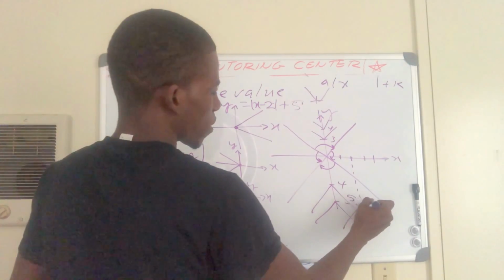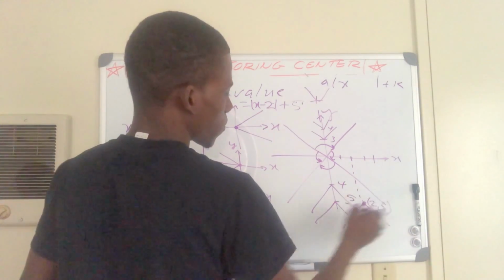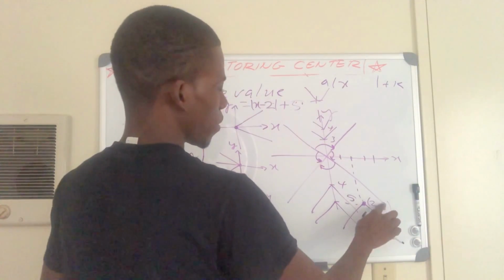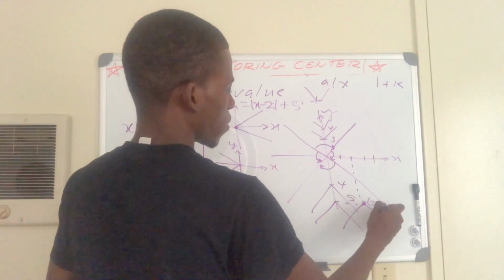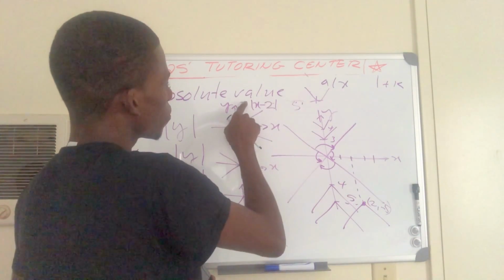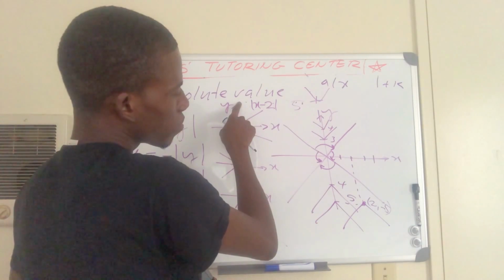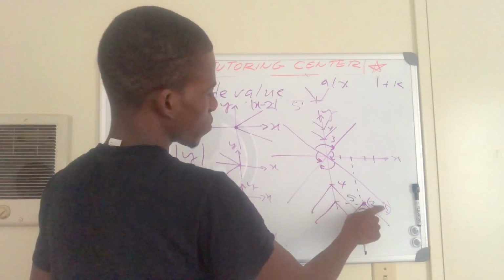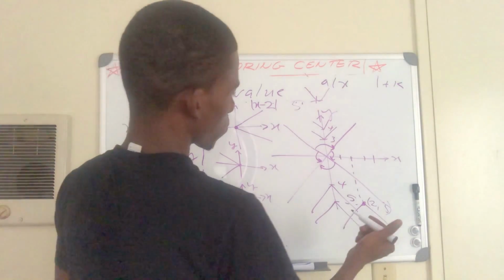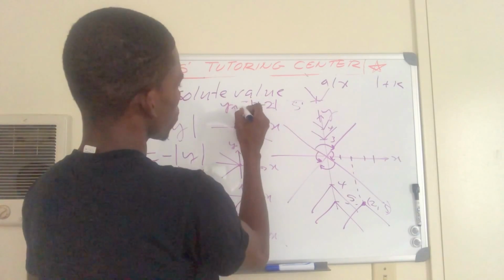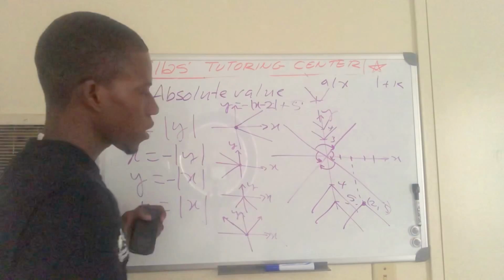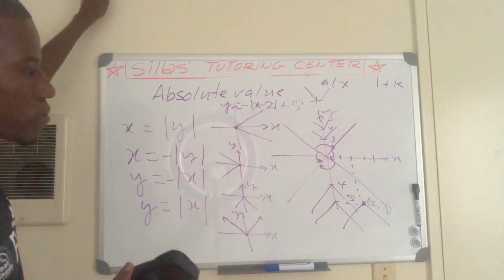Okay, so that's the vertex, 2, 5. If it's 2, negative 5, my function is this one down here. Okay, so that's how it is.